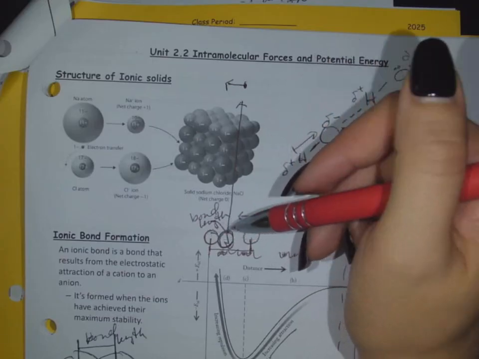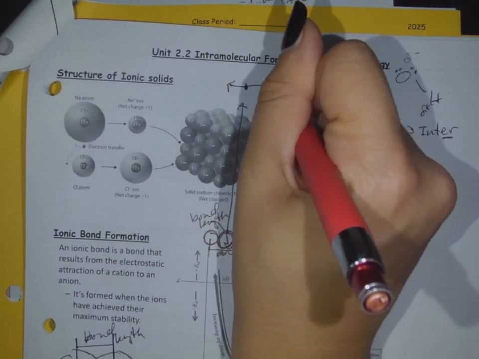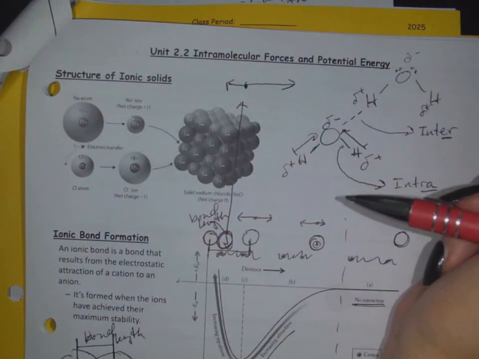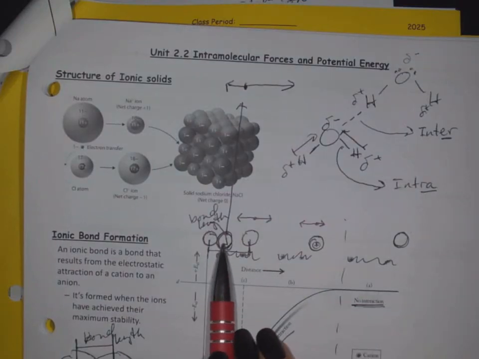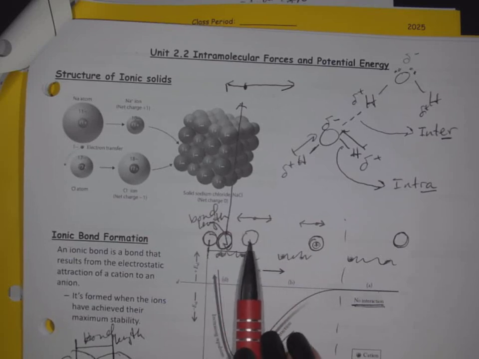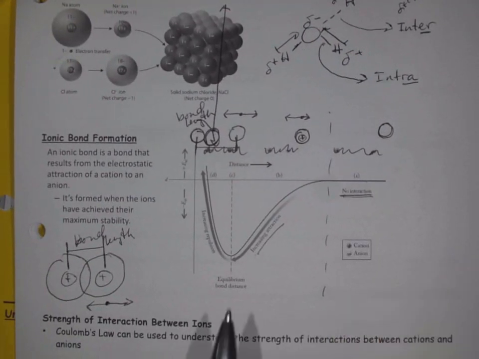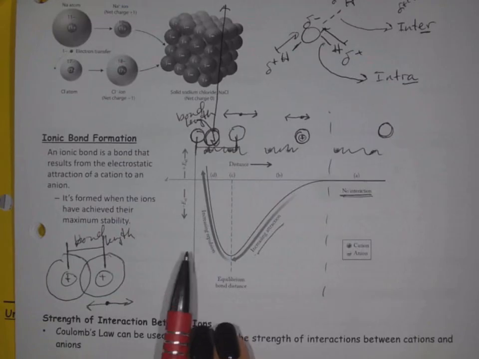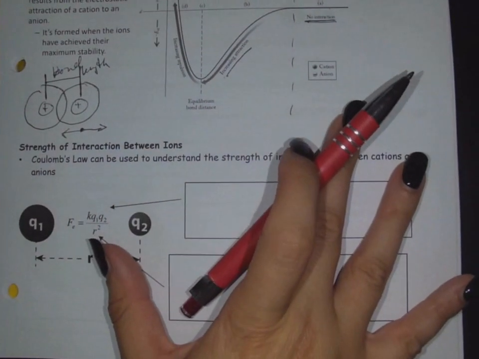Those positive nuclei are way closer than they would ever want to be, and they're definitely repelling each other at a really large magnitude. So if I were to let go of this atom right here, it would get slingshotted away, and then it would come back, and then it would settle right into that happy spot again where the energy is the lowest. Okay. That's why you see increasing repulsion. It's the nuclei that are repelling each other, and that's what's increasing.